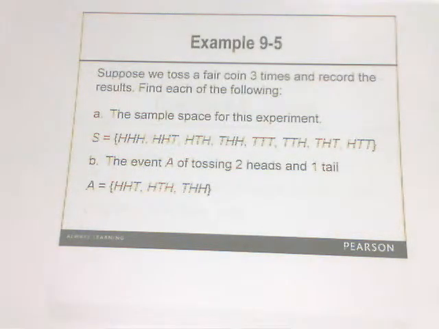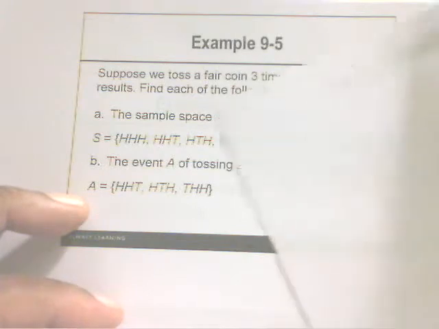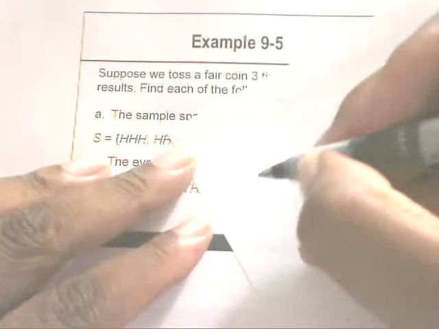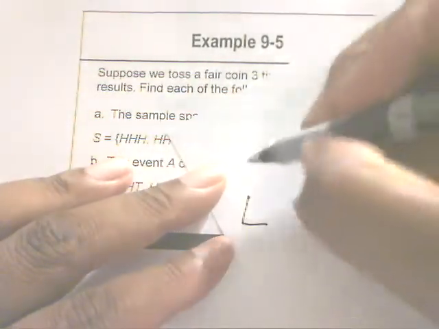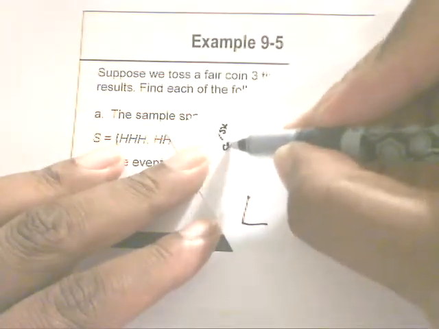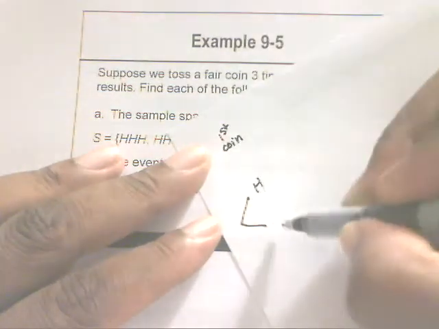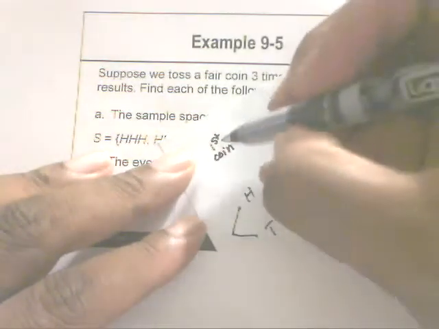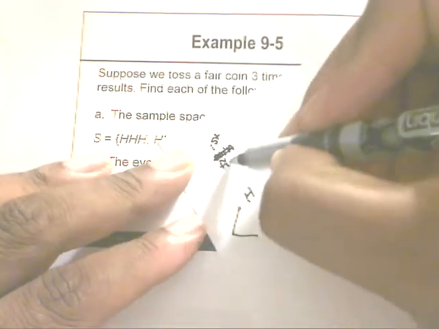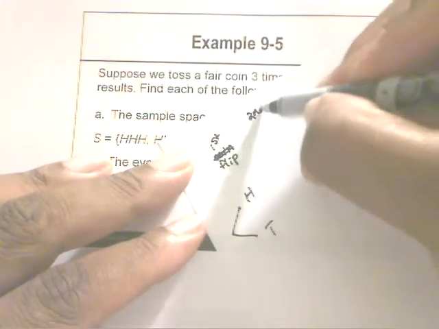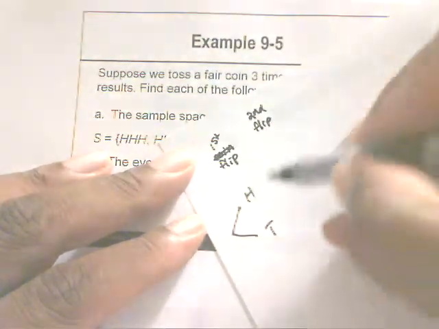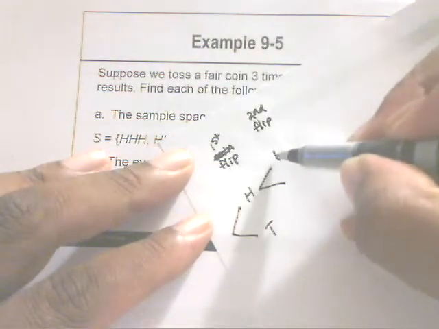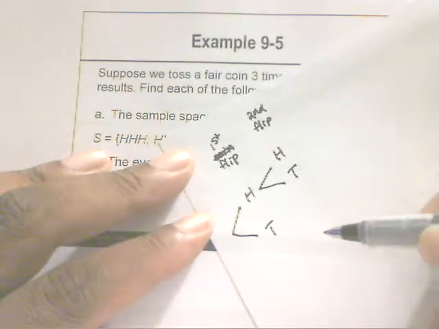Now, you can, if you want to, draw a tree diagram. I'll show you how that's done. On the first flip, you're either going to have heads or tails. Then on the second flip, if the first flip is heads, then the second flip could be either heads or tails.